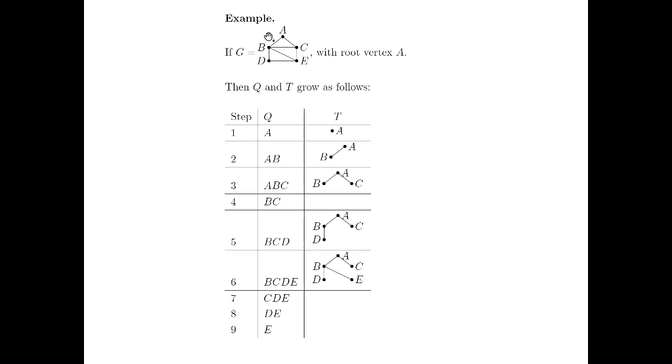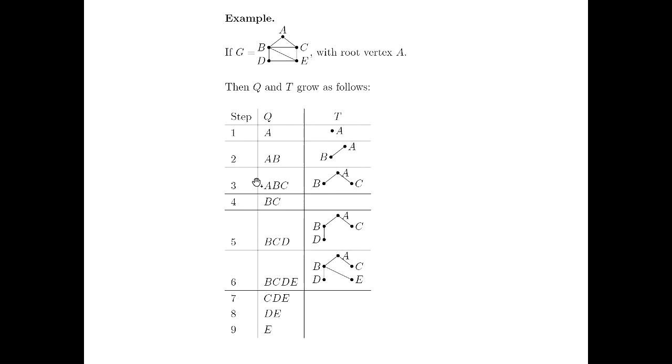Because we're going in alphabetical order, the first one we're adding is B. So it gets added to the back of the queue, and we add the edge and the vertex to our tree, right? And then we think, have we explored everywhere from A? No, not yet, right? We've also got this edge to C, so we add that edge and the vertex to our tree, and we add C to the back of our queue.